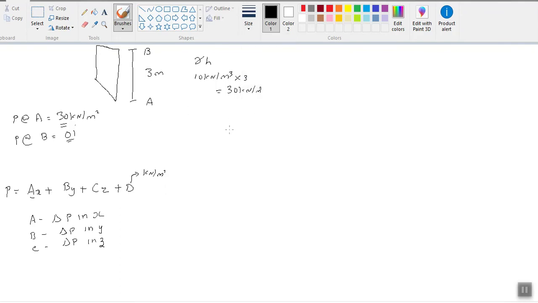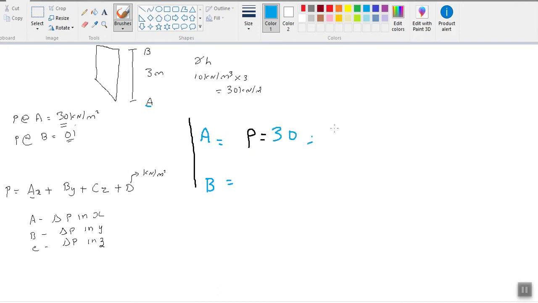So I'm considering pressure at A and at B. At A, pressure is not 0. The pressure at A is 30.